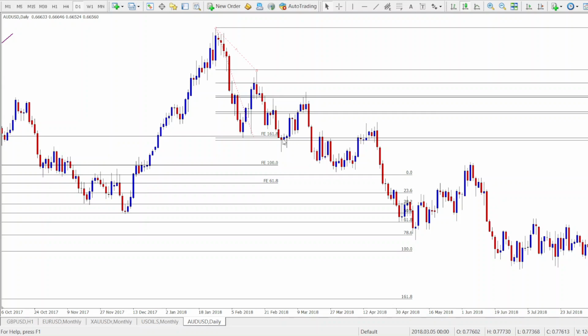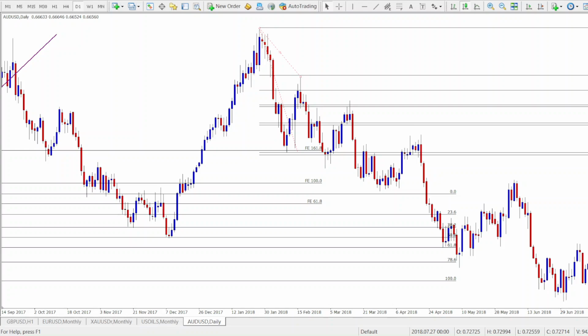Eventually the price came to the 161.8%. So after entering a sell around here, this would have been a good place to exit as given by the Fibonacci extension.